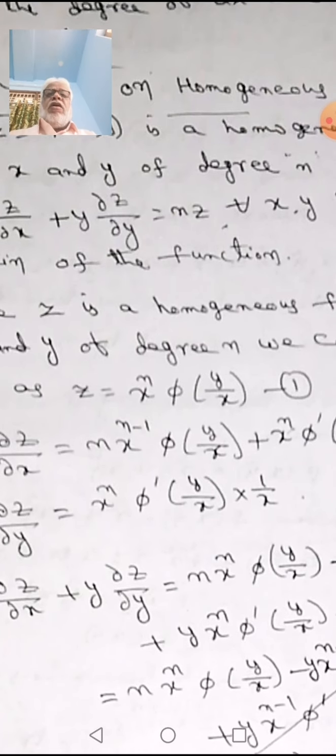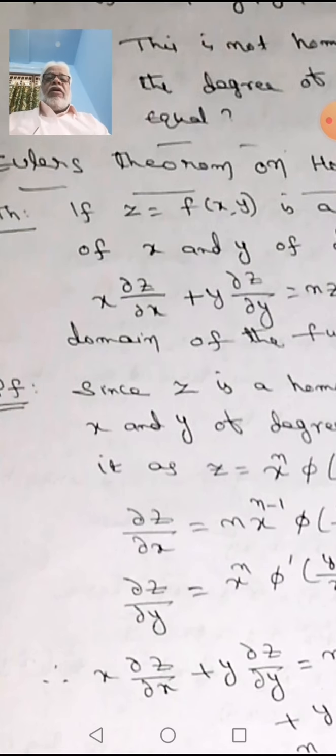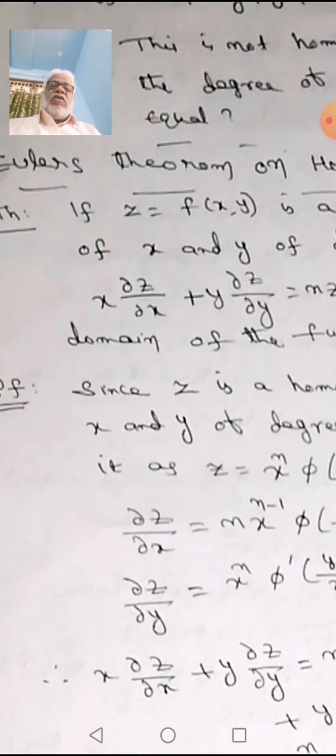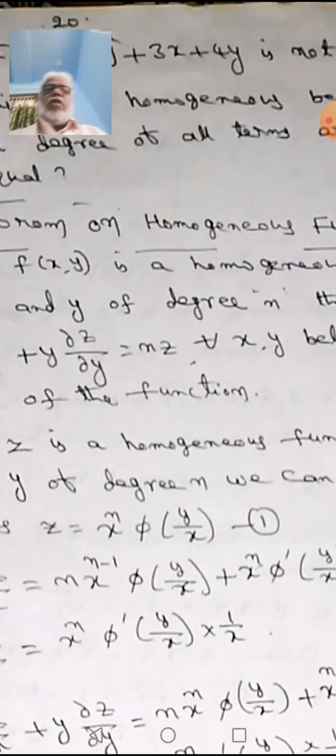We have to prove this. First of all, we find the degree of the given equation. Then we directly write x dou z by dou x plus y dou z by dou y is equal to the degree into the given function z. This is called Euler's theorem on homogeneous equations.